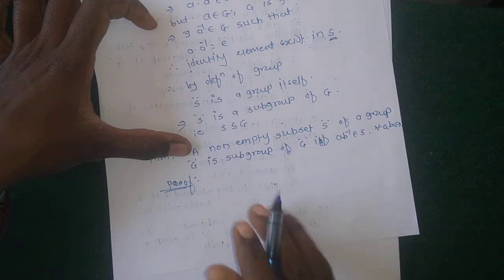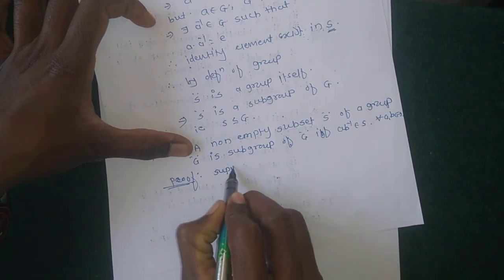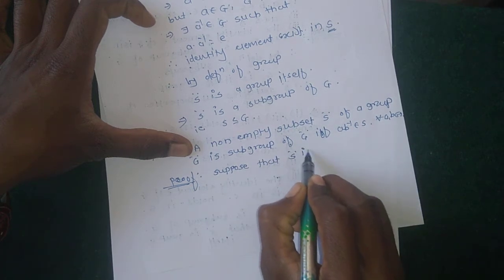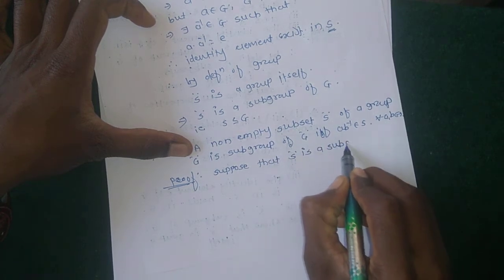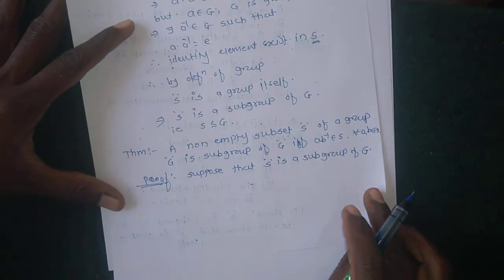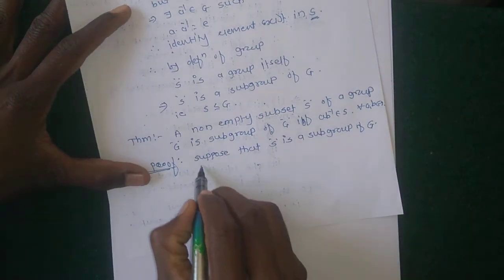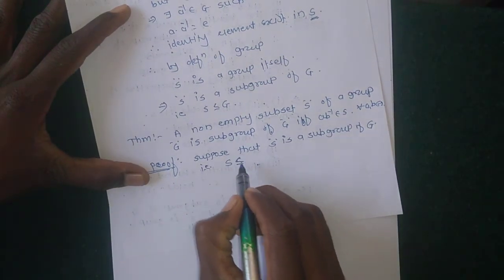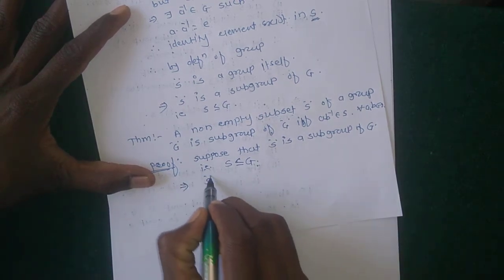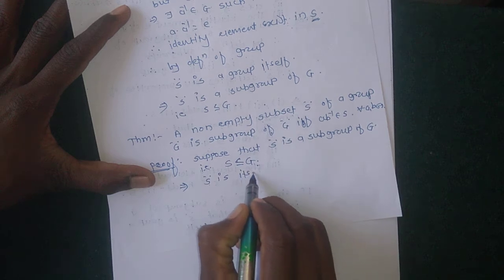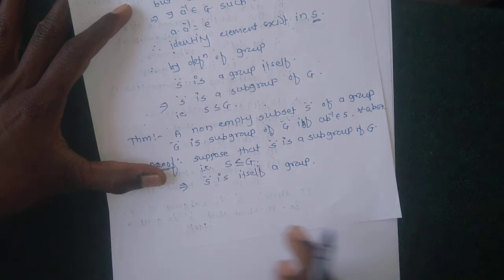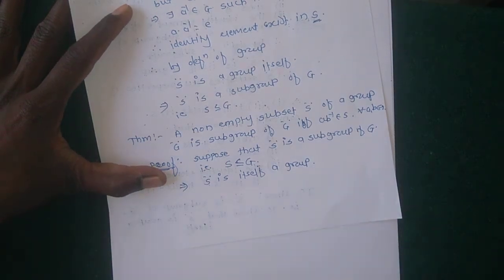Suppose that S is a subgroup of G, which implies that S is itself a group by definition of subgroup.